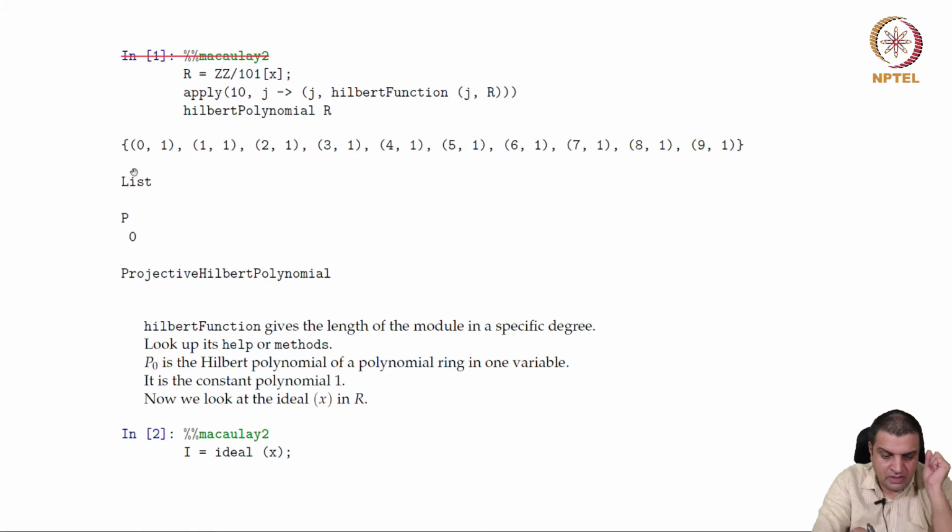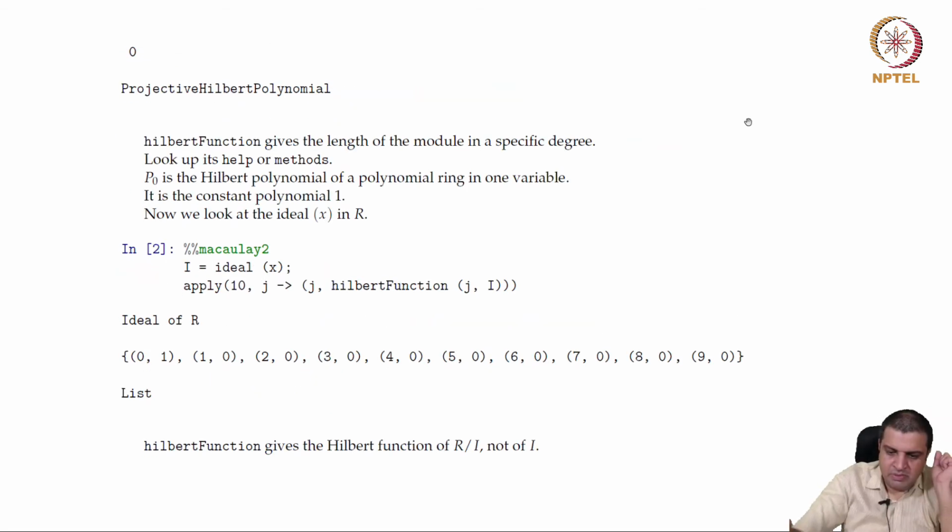We ask for its Hilbert polynomial, and it gives p0. It says projective Hilbert polynomial. Let's not worry about it now; the word has to do with some projective geometry, which we will come to later. This P0 is what we defined as P0 in the lecture. The Hilbert function gives the length of the module in a specific degree.